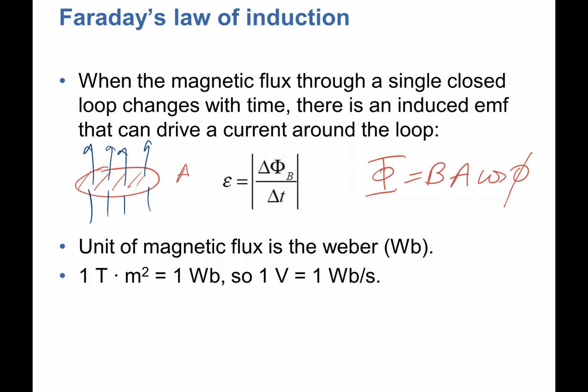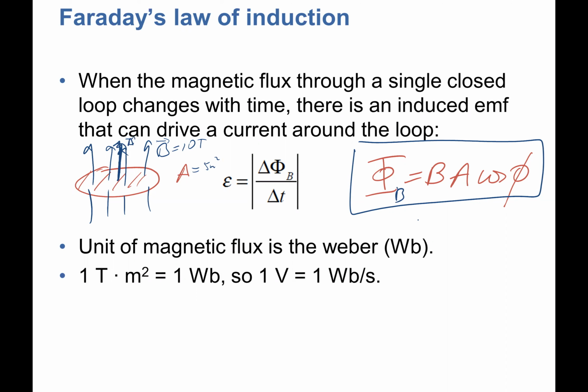I can calculate a magnetic flux for this particular case. So this is my magnetic field. I can find the magnetic flux by taking this magnetic field, let's say again 10 Tesla, and area, which was 5 meters square. And let's say here's that area vector.